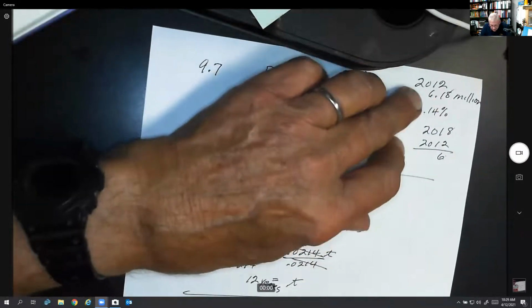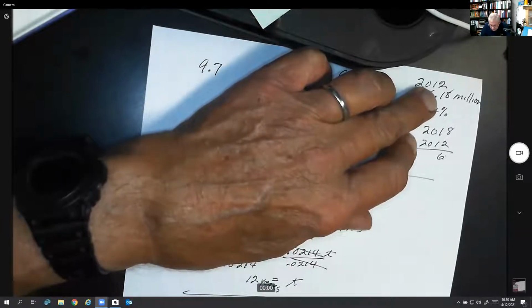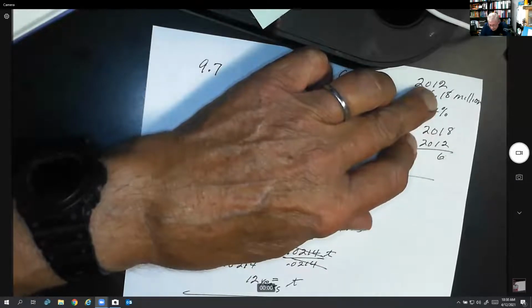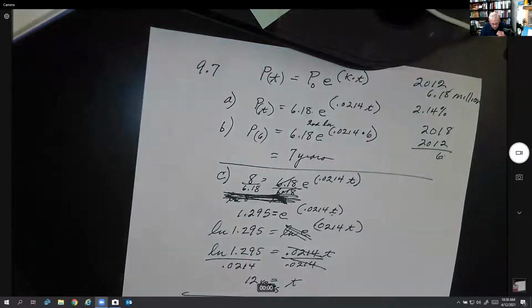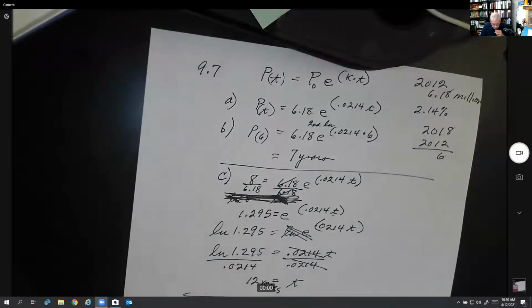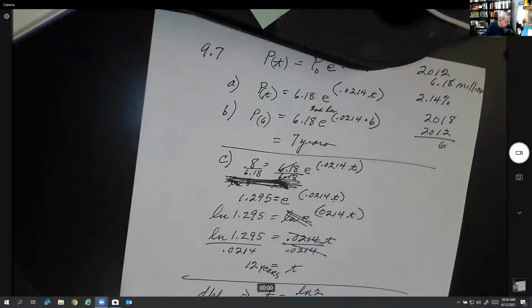Add it to the 2012. That was our initial. In the year 2046, the population should be about 12 million. Oops, you can't see that.